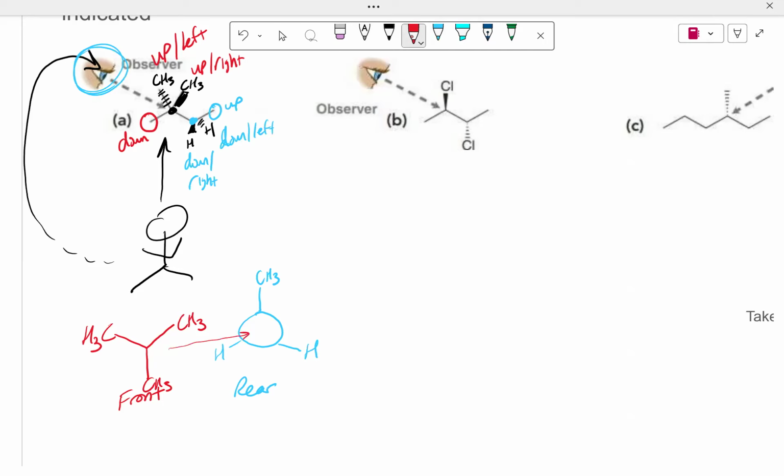I'm going to take that front carbon and move it right in front of the rear carbon. So here's the rear carbon, CH3, H, H. Here's the front carbon with CH3, and then CH3, and CH3.